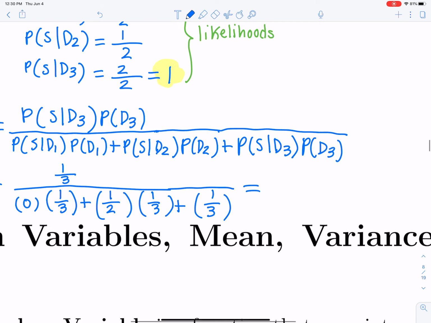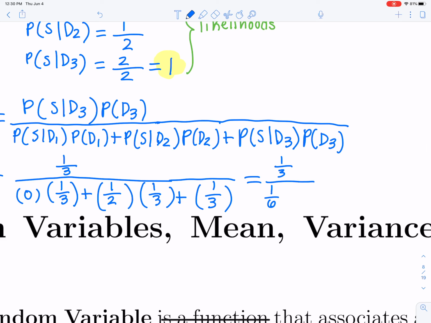So this would give me 1/3 on the top, and on the bottom 1/6 plus 1/3, or if we change that into sixths, 2/6. So 1/3 over 3/6, which is 1/2.